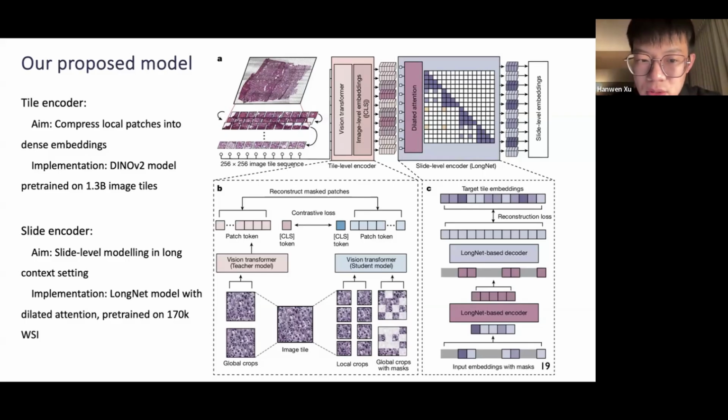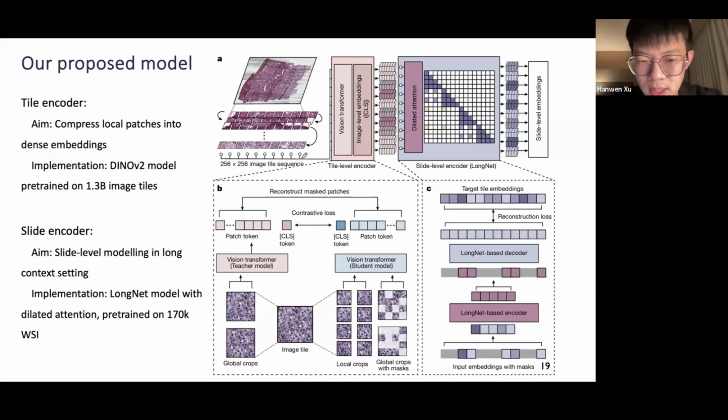Each embedding here is one embedding from one tile. If we look at figure A, we overlay a grid onto the histopathology images, which is sort of tokenizing them. After this tokenizing process, we can serialize the histopathology images into a sequence of image tiles.